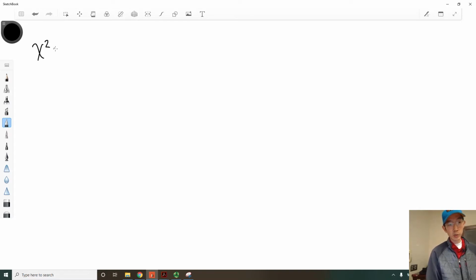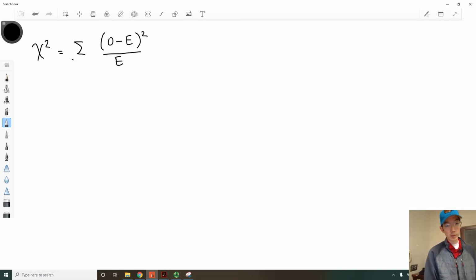The chi-squared statistic is the sum of observed minus expected squared divided by expected, summed across all categories.